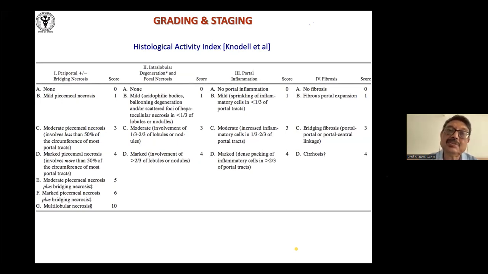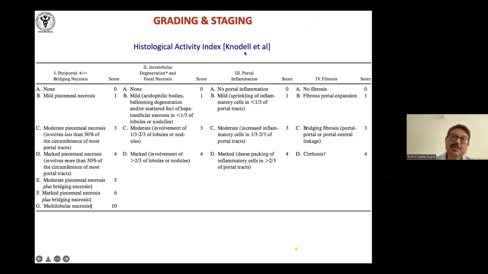And if the fibrosis is extensive, it will result in cirrhosis. So inflammation, healing and repair resulting in fibrosis, and the fibrosis going on to cirrhosis. Can we grade, can we tell how this is going on?